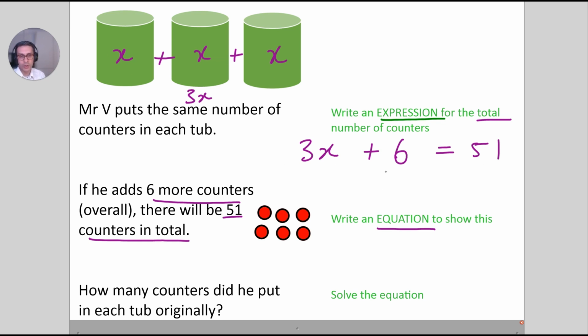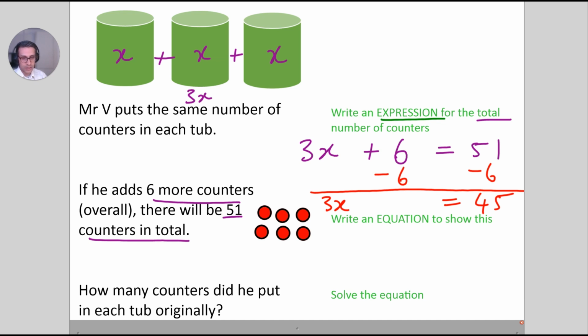To work this out, we have to solve this equation. So we're going to solve this using the skills that we already have. We're going to take away 6 from both sides. So that will give you 3x, and then that's a 0 pair. And then 51 take away 6 is 45.